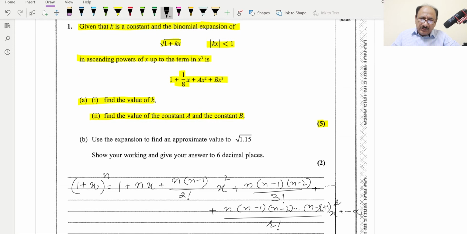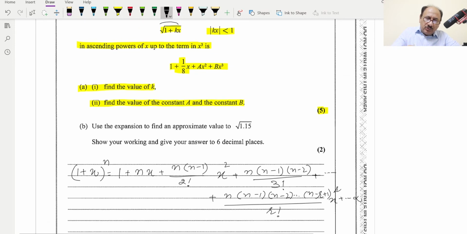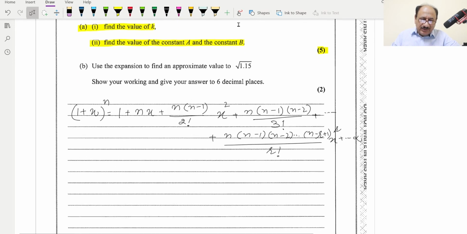Now we can write the binomial expansion for this given one, which is the root of 1 plus kx.